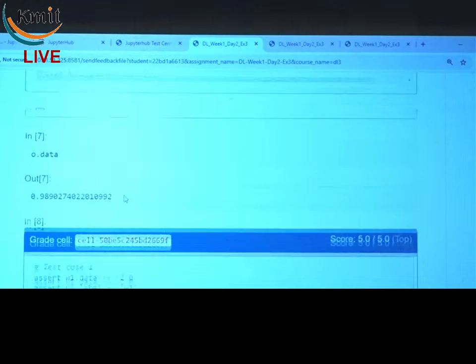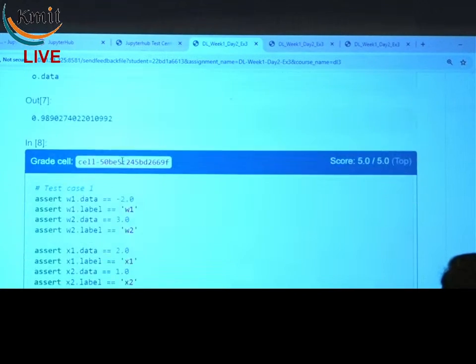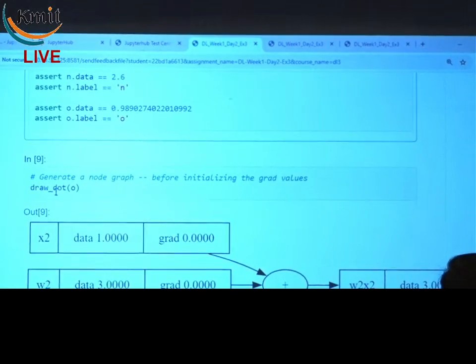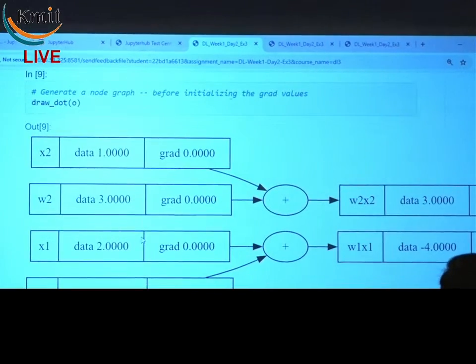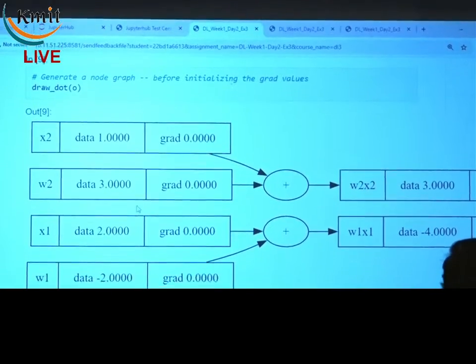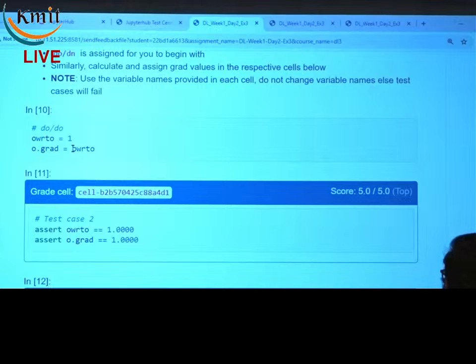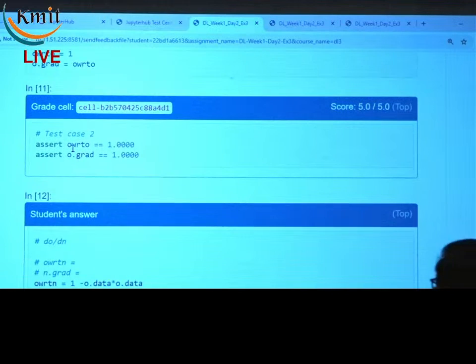So if they write everything correctly here, all these assertions must pass. After this, we have a dot function. Yeah, so using this, they can visualize easily, right? After that, this is already initialized for them, the first one.